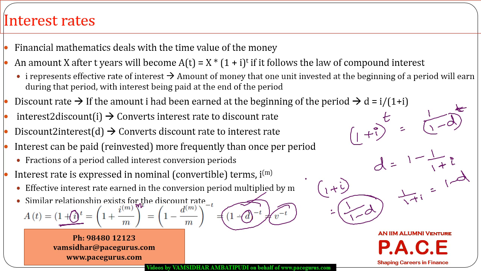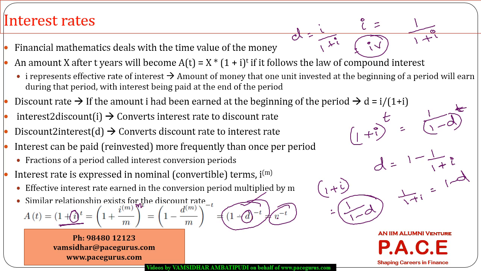Sometimes we denote with the notation v. v is nothing but 1 by 1 plus i. So we know d is nothing but i by 1 plus i. So sometimes it becomes iv. Right?